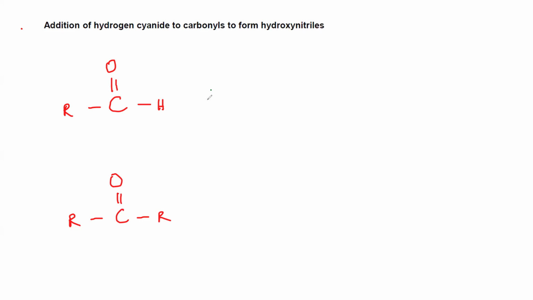Only this part. So we have HCN, the hydrogen cyanide. So the carbon is partial positive and oxygen is partial negative. Here also carbon is partial positive and oxygen is partial negative. And in HCN, when we divide this hydrogen and nitrile group, the hydrogen is partial positive and the CN is partial negative.